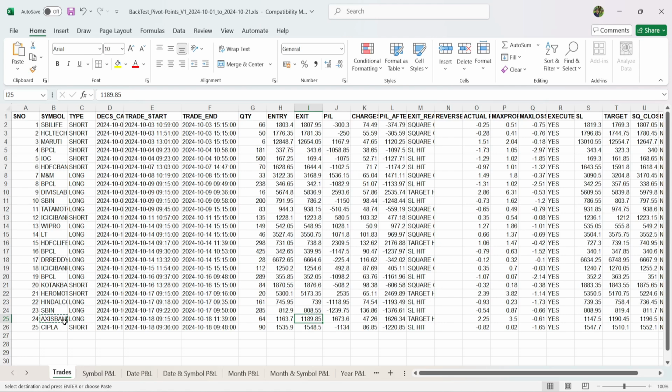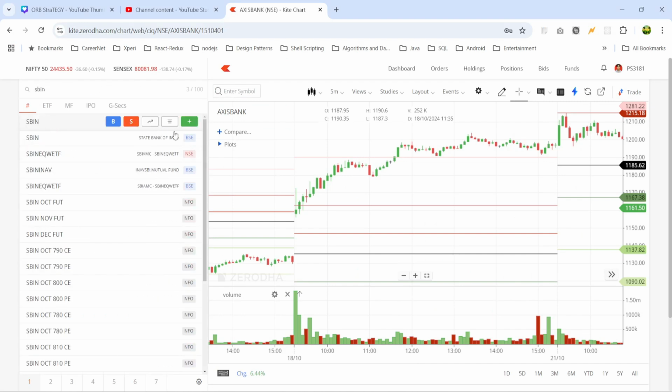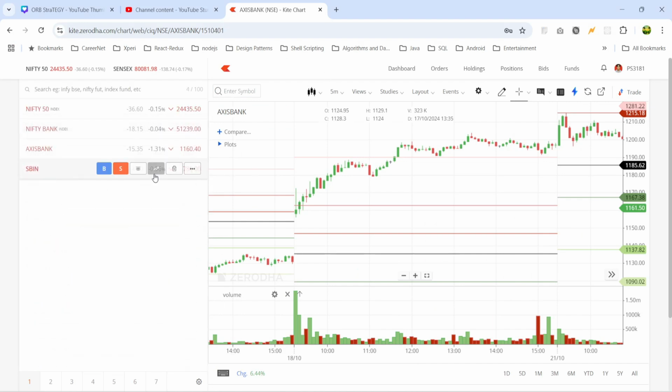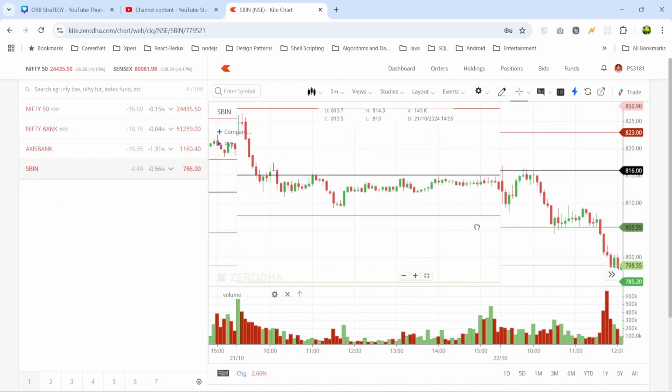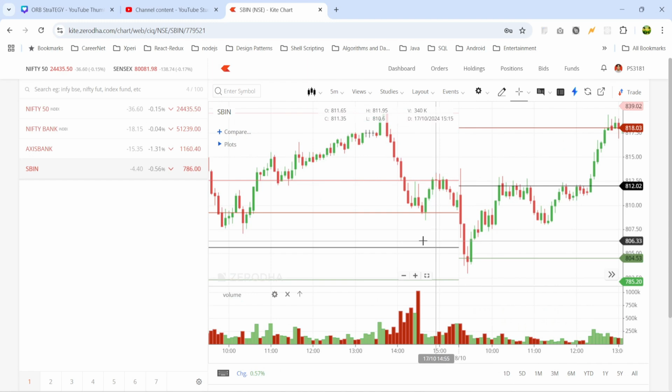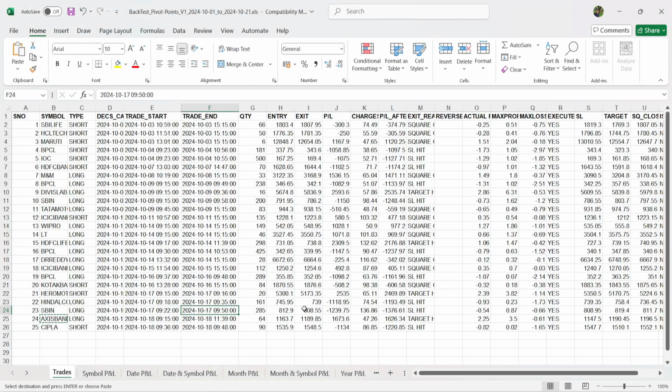Okay, let's look at another trade, SBIN, State Bank of India, on the previous day. Let me go to the date 17. This trade happened on the 17th.